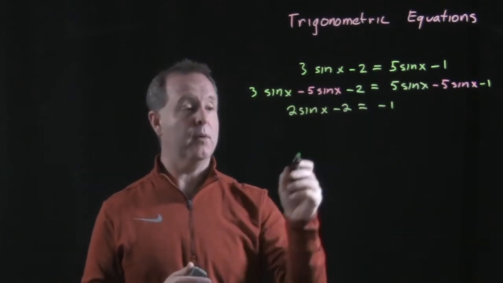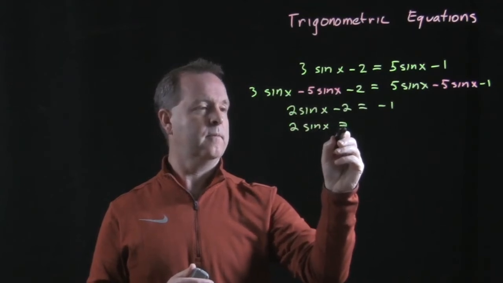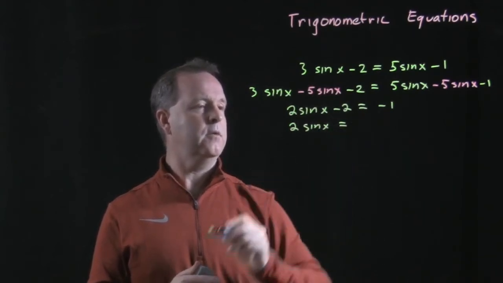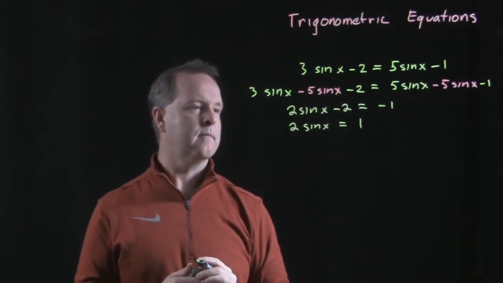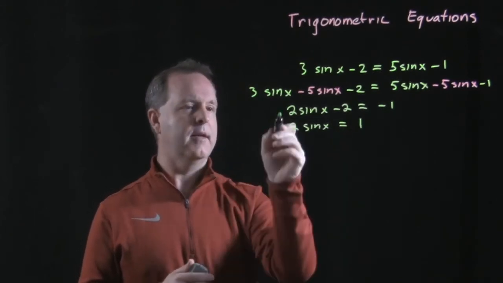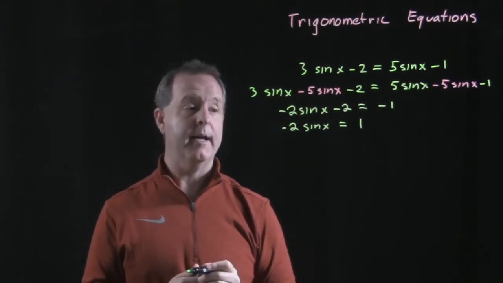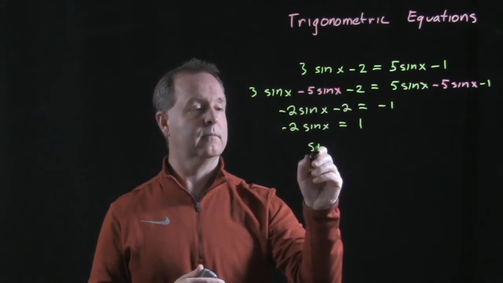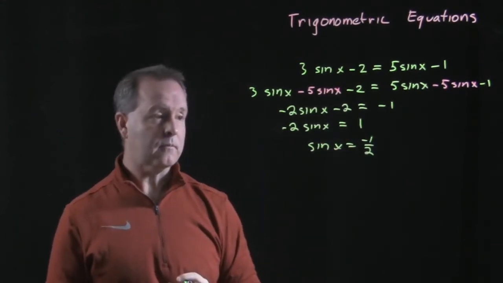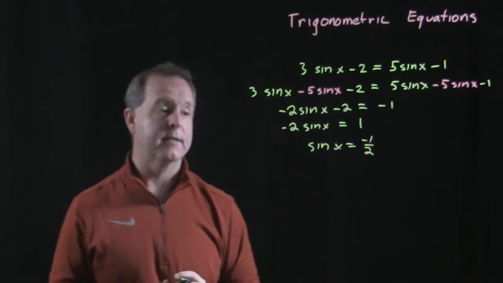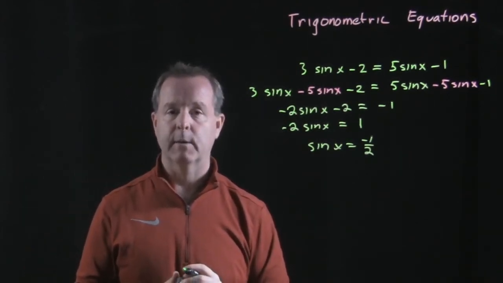We can add 2 to both sides. Negative 2 plus 2 gives me a 1. Then divide both sides by negative 2. So I was able to reduce it down and solve for the variable they're looking for. Sine of x equals negative 1/2.